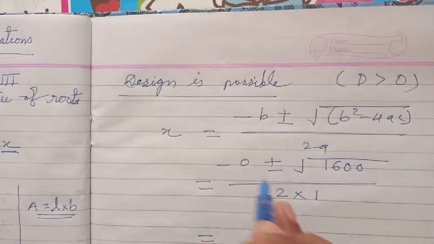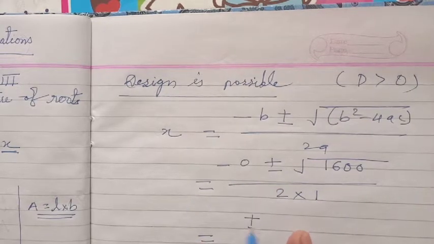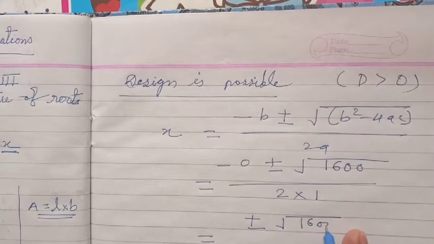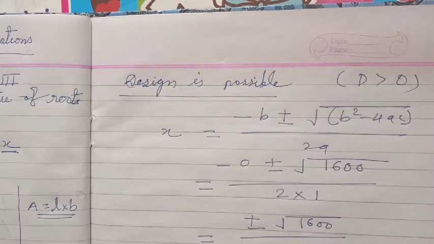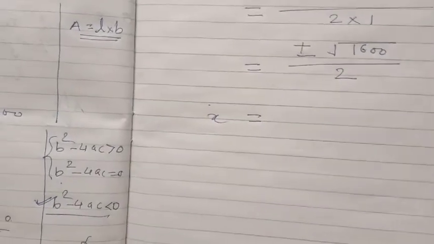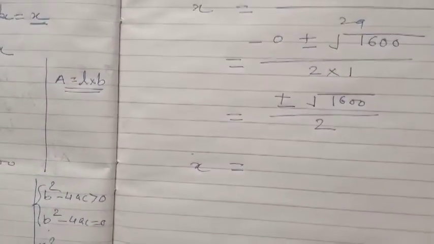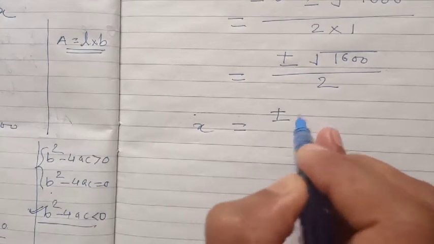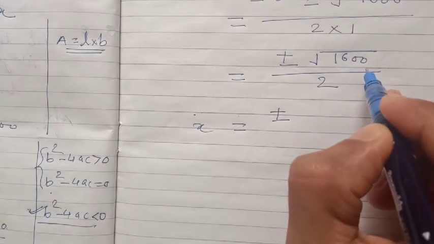So 0, it means no need to write, but we write here plus minus square root 1600 upon 2. So x is equal to plus minus square root of 1600.